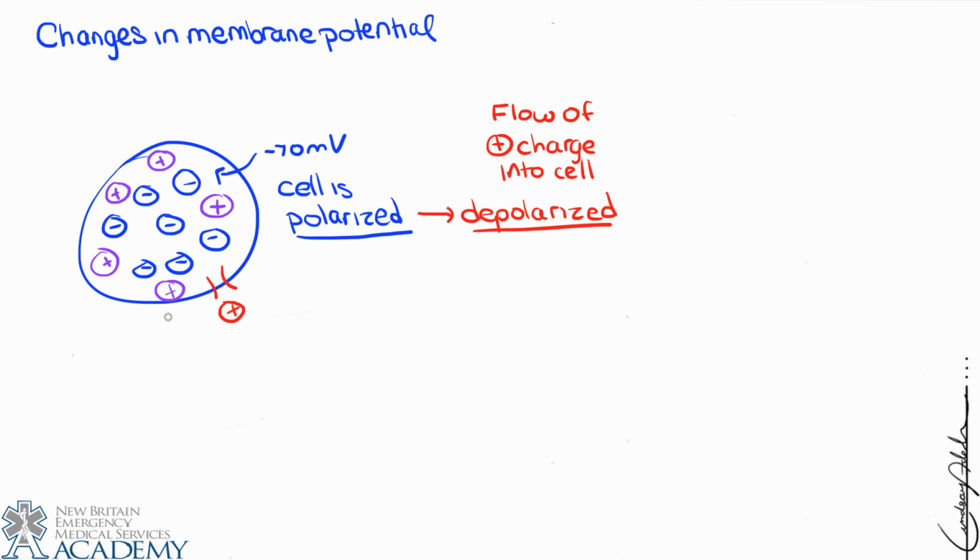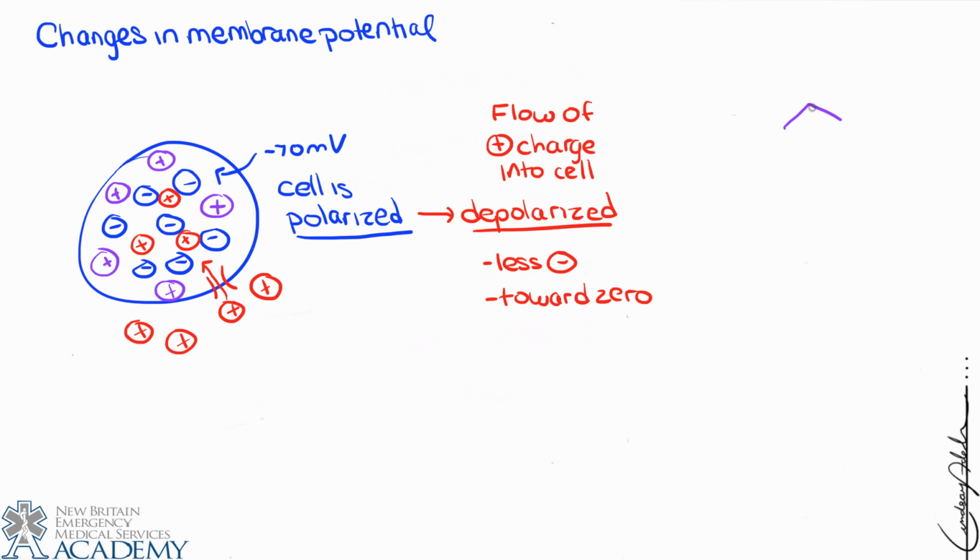The basic principles will be the same. If we had an ion channel present in the membrane, and we had flow of positive charge into the cell, we would say the cell becomes depolarized. Depolarization occurs when the cell membrane potential becomes less negative, or the membrane potential moves towards zero.